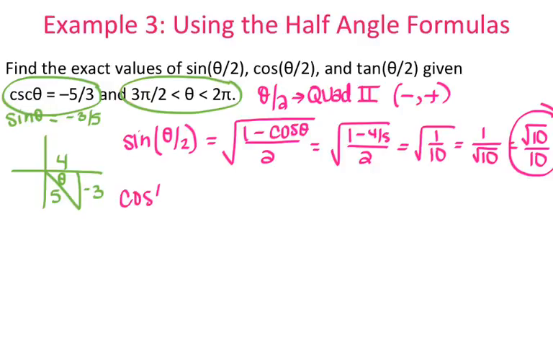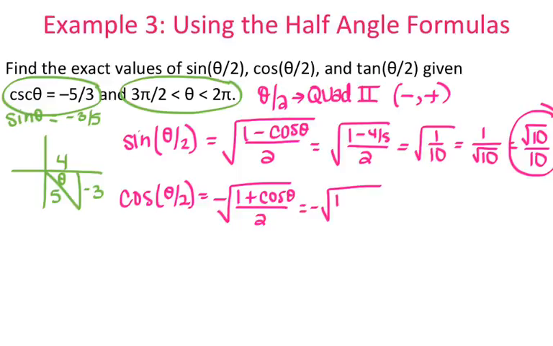Now let's do cosine of theta over 2. Now again, my theta over 2 is in quadrant 2, which means I'm going to use a negative for my radical. And that is negative square root of 1 plus cosine of theta over 2. So that's negative square root of 1 plus 4/5 over 2.